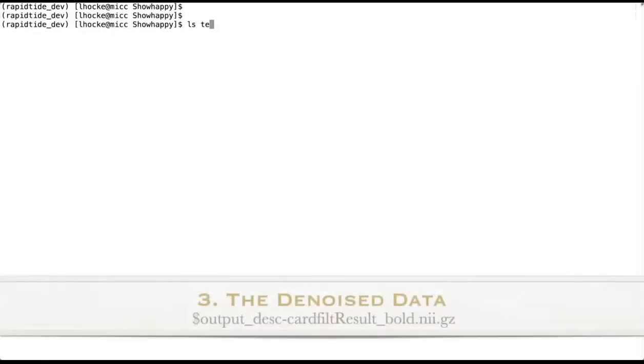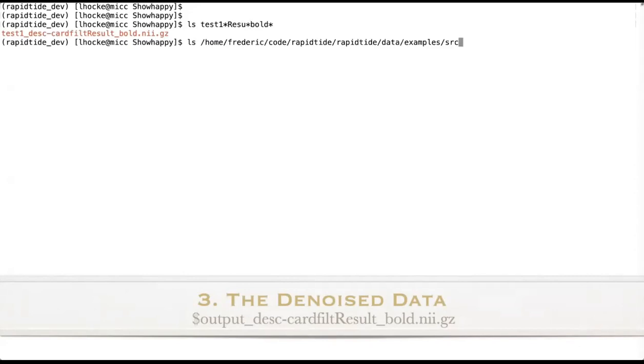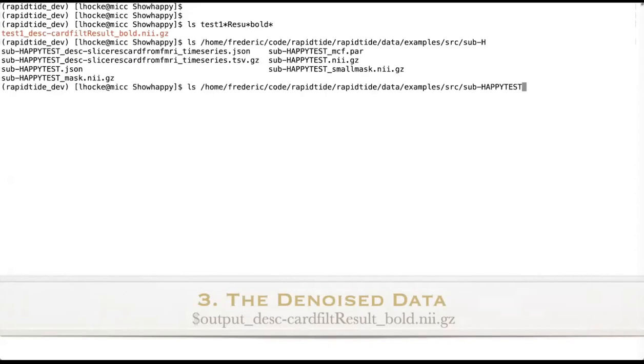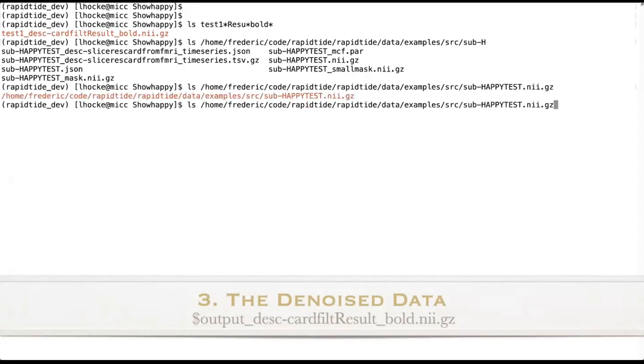Let's find the denoising results. If you remove the cardiac signal temporarily, as we did with temporal GLM, you can find your results in result_port.nii.gz. We can now plot our result against the original data in our example folder.